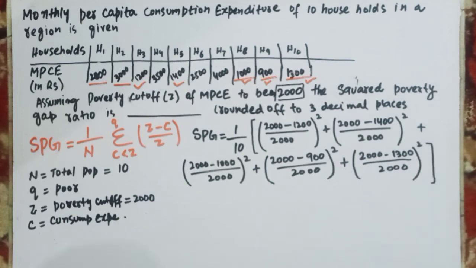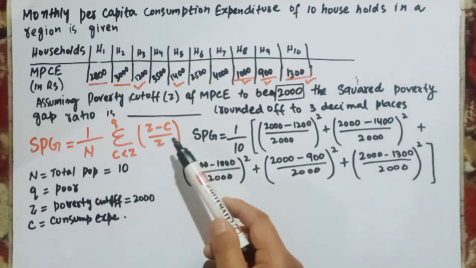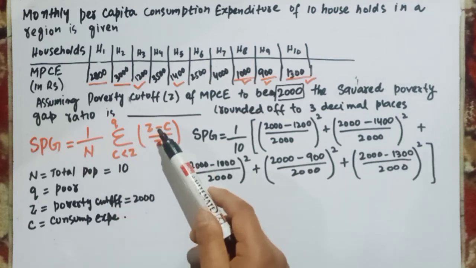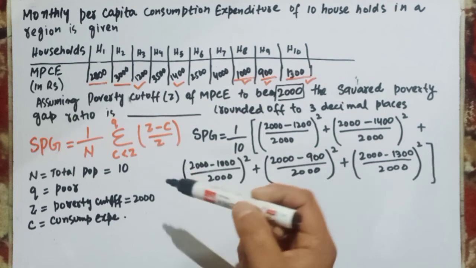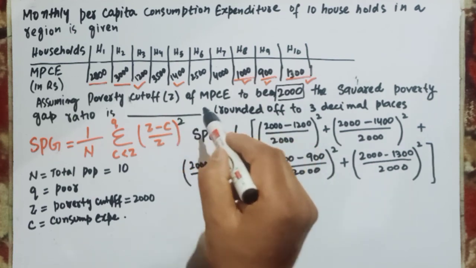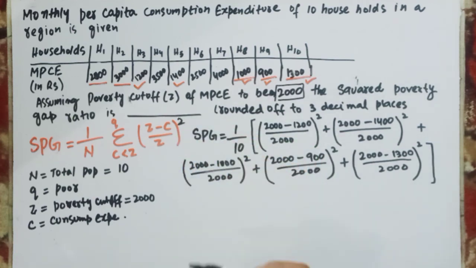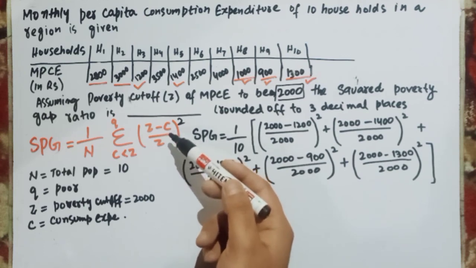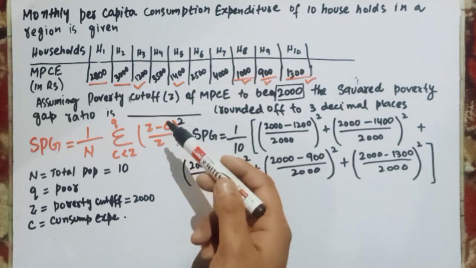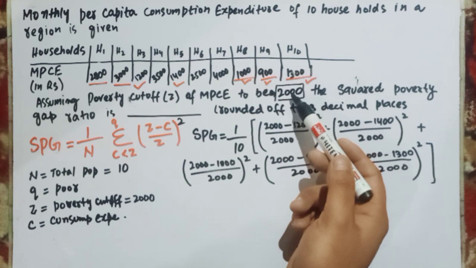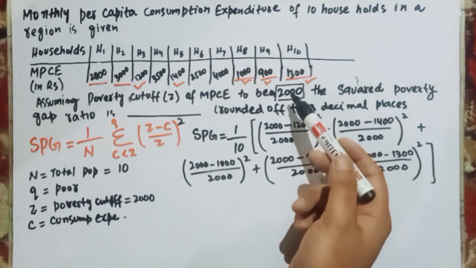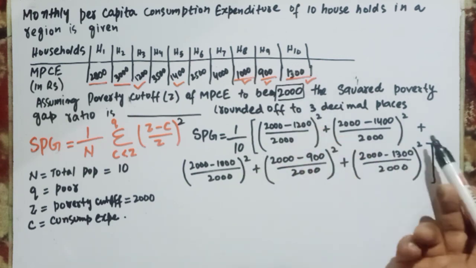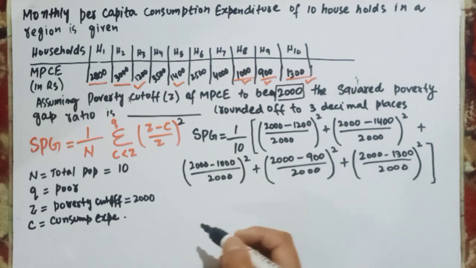So how do we calculate? We write 1 upon n and take the summation of Z minus C upon Z, and obviously square, I forgot to write it here, and C denotes the persons whose consumption expenditure is less than 2000. Just taking the squares and adding them up.